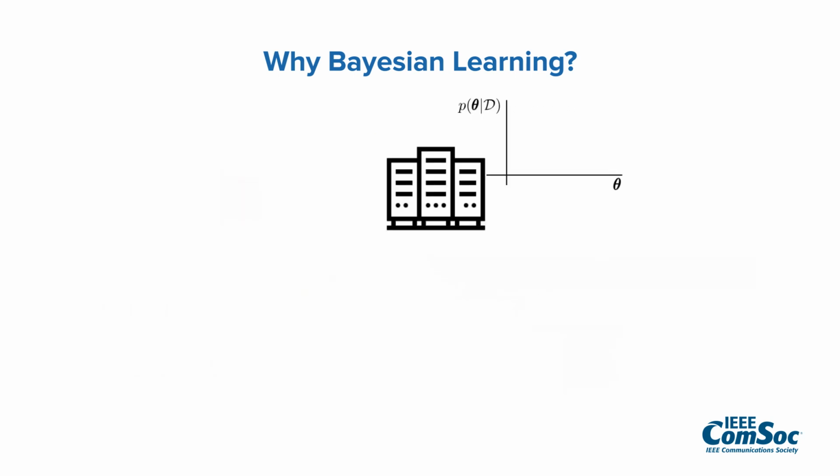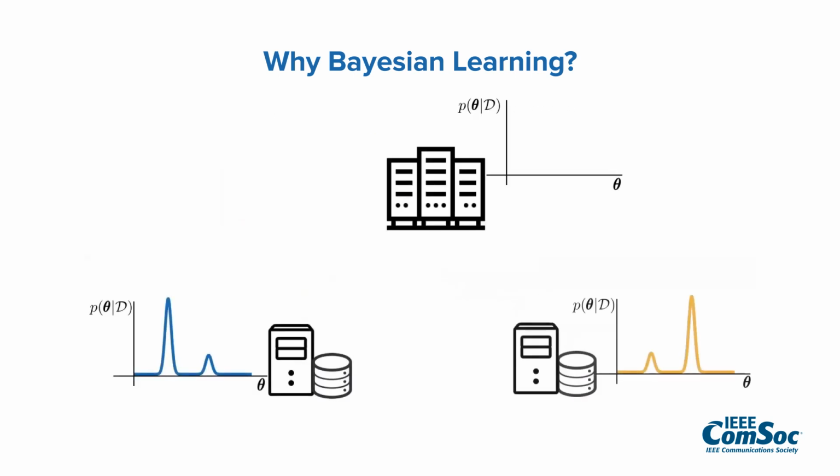In the distributed computing paradigm, we can further see the advantage of Bayes learning. In frequentist learning, we have two local optimal points. Typically, what happens in frequentist learning is that these two points are averaged at the server and give us a global estimate. However, this estimate is not good for either of the two devices because both of them attain zero posterior probability.